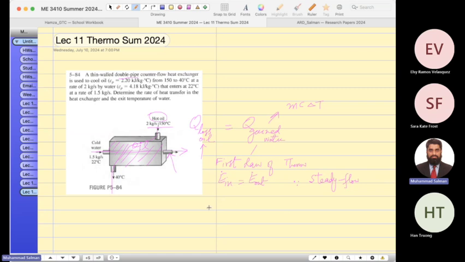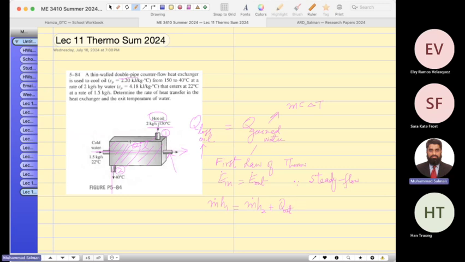Whatever we are putting in, this is the inlet. Suppose this is port 1, the exit is port 2. So m dot h1 on one side, and on the right hand side we have m dot h2 plus heat out.